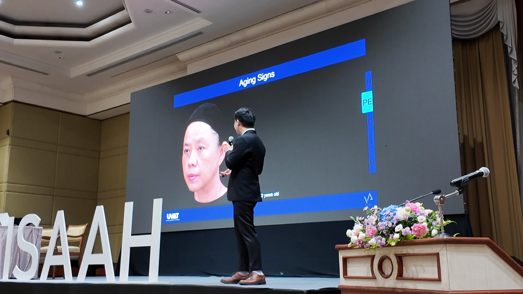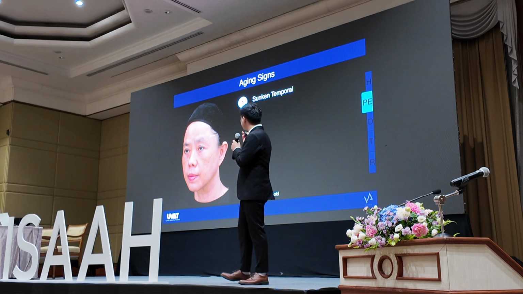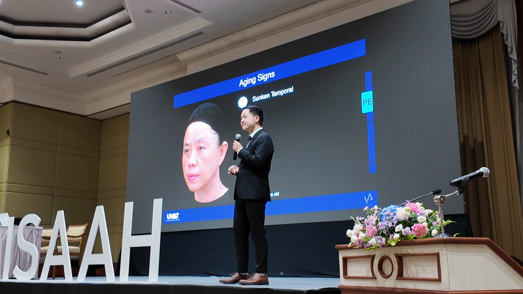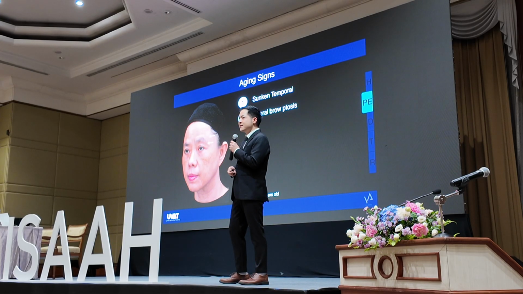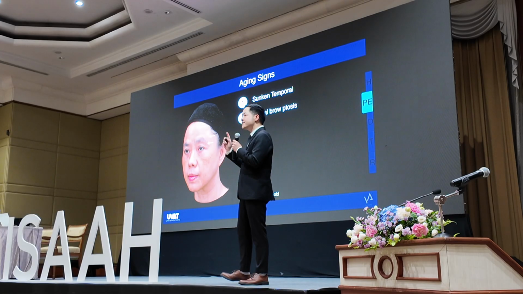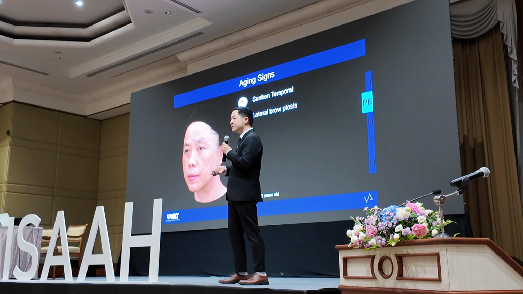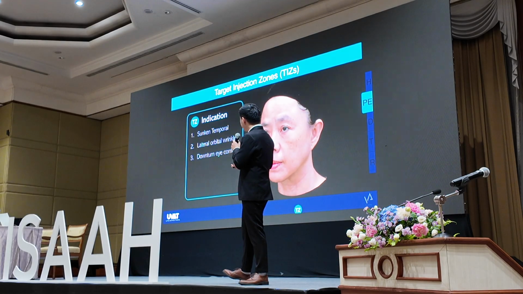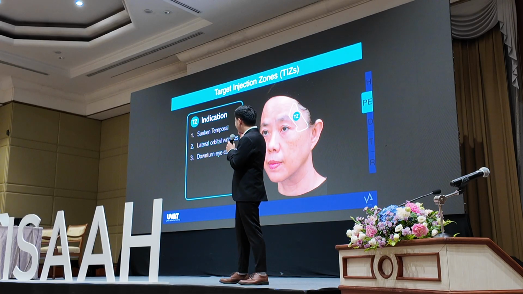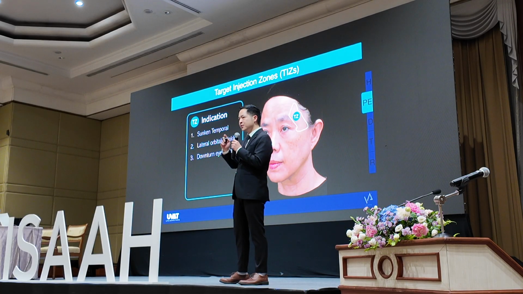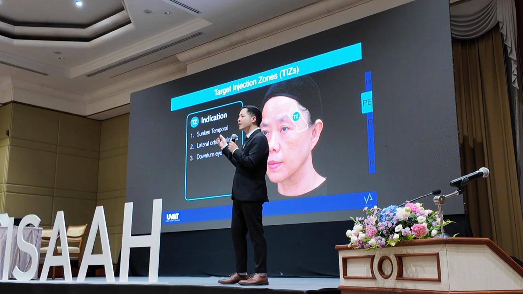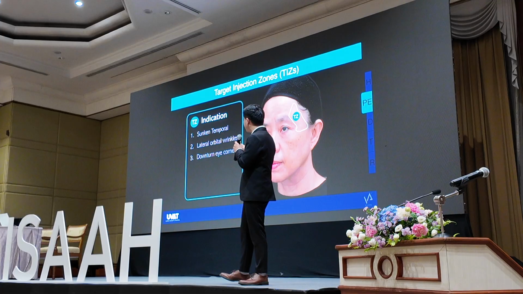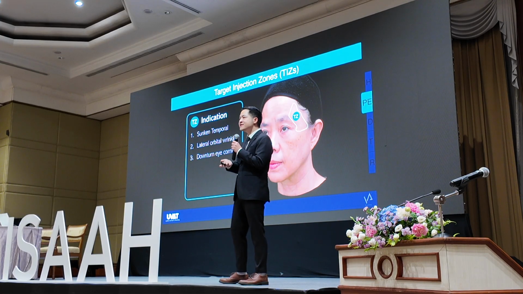Okay, that's right. The first is the sunken temple. Another is lateral brow ptosis. These are the first 2 aging signs that I see in her. Then we get to the indication for the temporal zone. So this is why we inject here for lifting, to correct her aging signs.